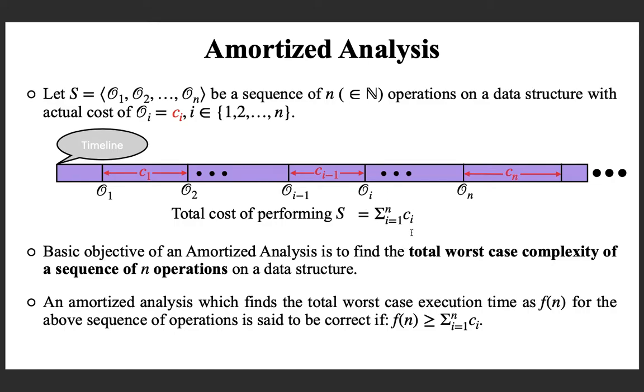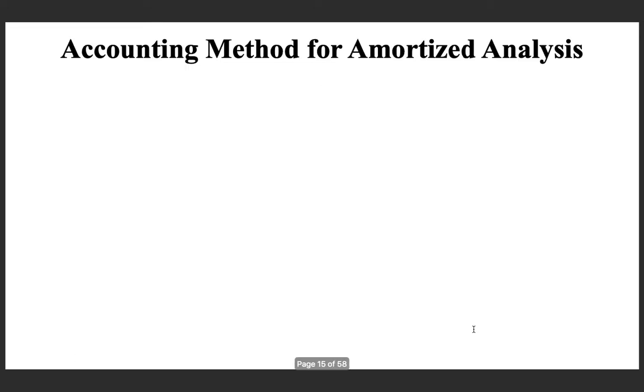This is the actual total cost, and when you want to do an amortized analysis, you have to first come up with the total time taken, and whatever time you compute must be greater than or equal to the total actual time. Then you can say that your analysis is correct.